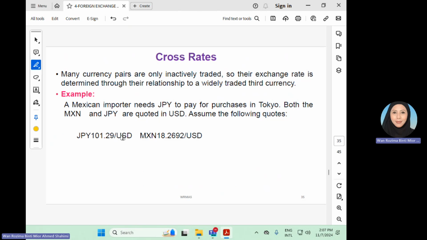From these two pairs, can I get a third pair? Yes, by using cross rate. Meaning to say, the repetitive one, I cancel, then I get the third one. This one, number 1, number 2, and number 3, meaning I am able to get Japanese yen against Mexican peso. This is what we call cross rates.